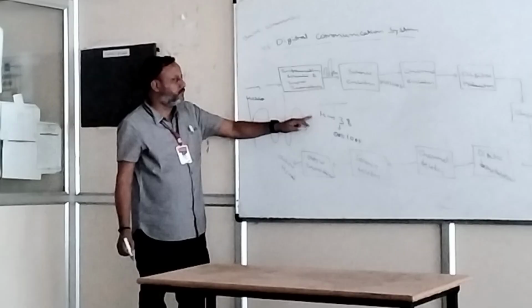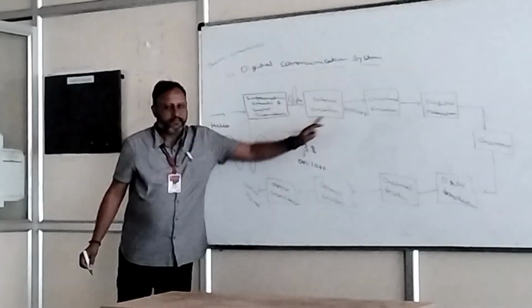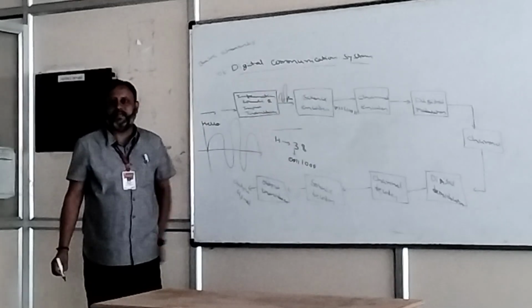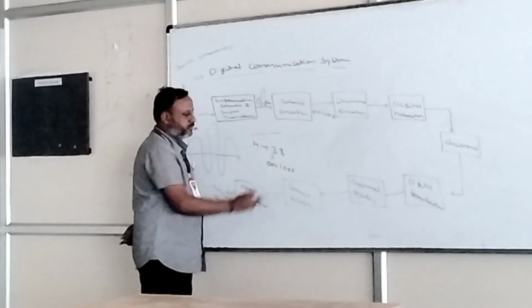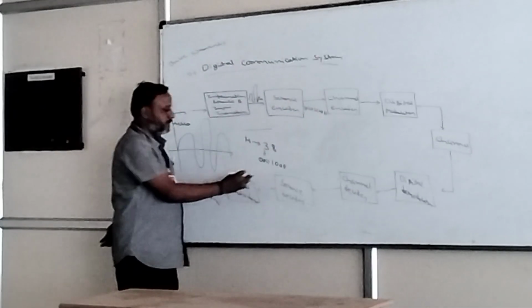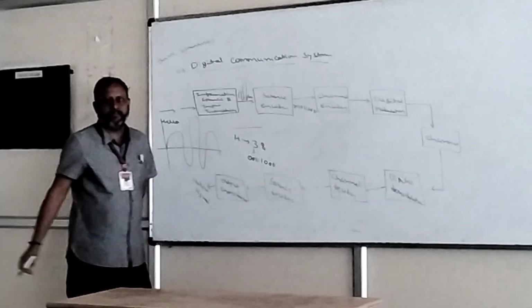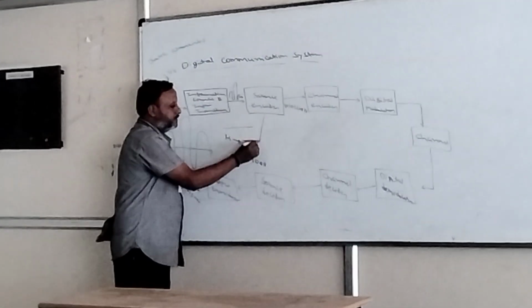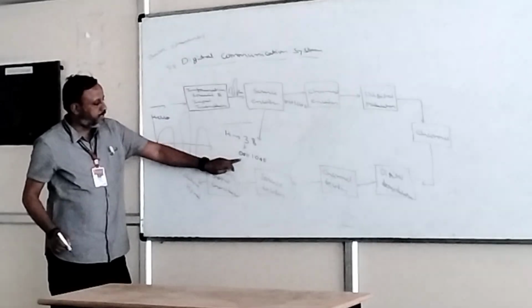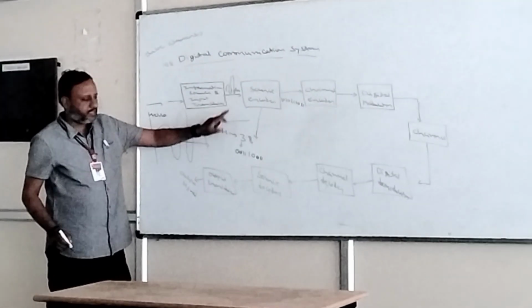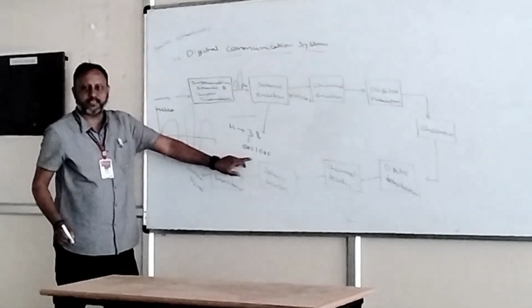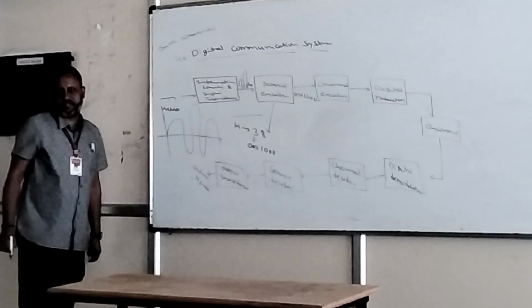Now this H is converted into binary form, that is 0011 and 1000. But it not only converts this electrical signal into binary, but also it reduces the number of bits.